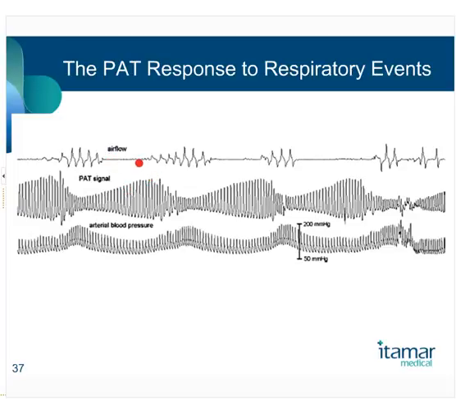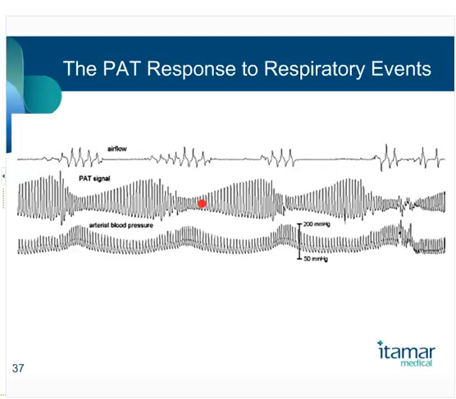Then you have the increased respiratory cycle, you get vasodilatation. You have an apnea again, you have attenuation. So you can see that there is about a 180-degree phase lag between the airflow signal and the PAT signal. But it's pretty predictable, and you can use that to understand how the PAT signal works in the setting of respiratory activity.